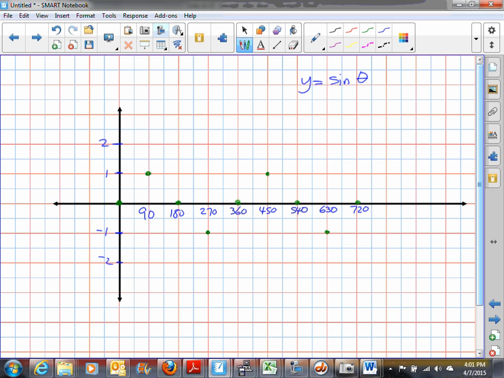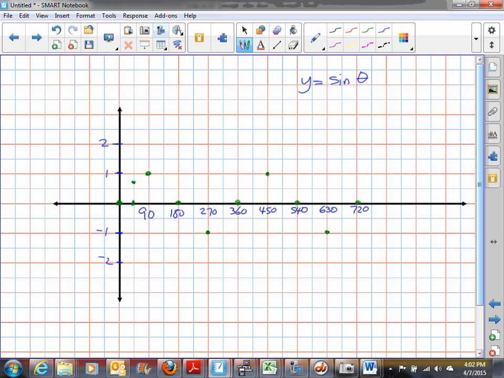Now, this actually looks like maybe the teeth of a saw or something like this, but the graph actually is kind of a smooth curve. We call it a sinusoidal curve. This point right here on the x-axis would be about 45 degrees. And if you recall, the sine of 45 degrees was the square root of 2 over 2, which is about 0.7.